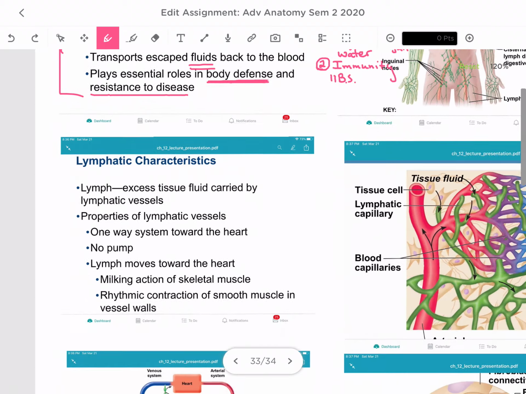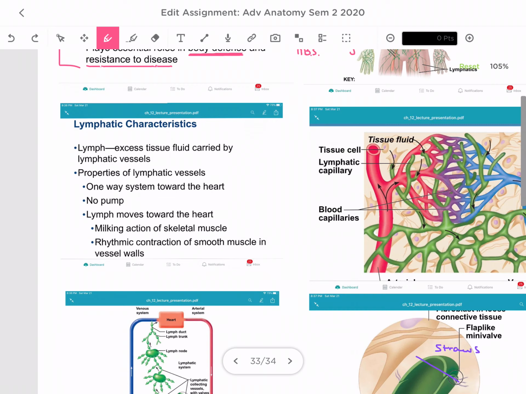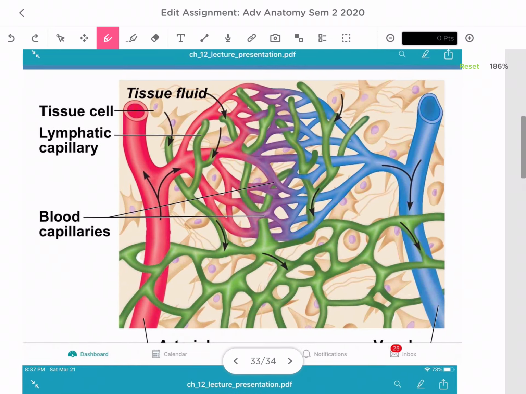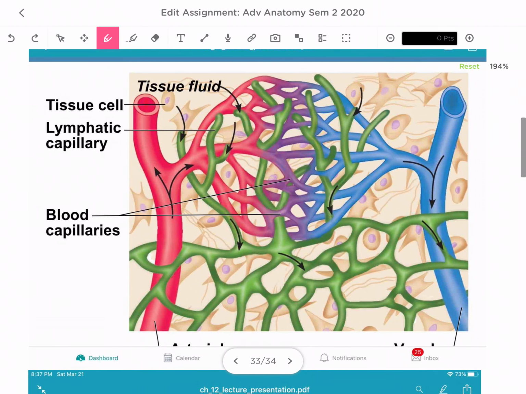But let's talk about why fluid is a problem. If you remember from maybe chapter 10, if you're in regular anatomy at the same time as this class, we haven't gotten to this yet, but you can still understand.